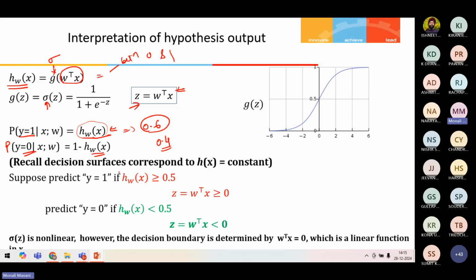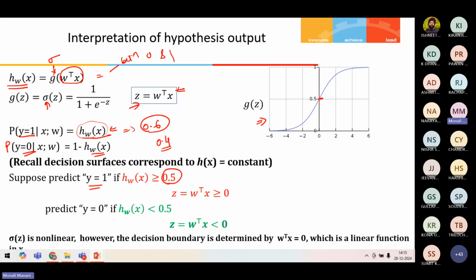Now we have to make a decision. For logistic regression, if y equals 1, we use 0.5 as a threshold. You can see in this curve that 0.5 is the threshold.